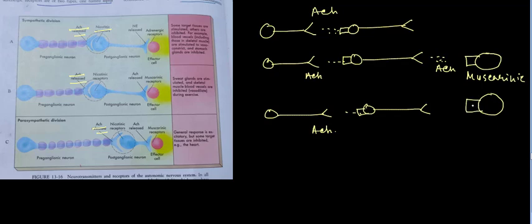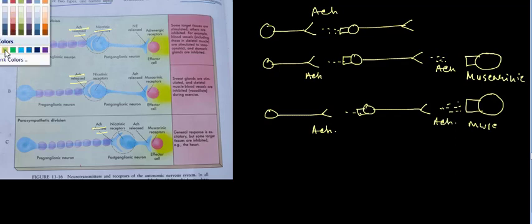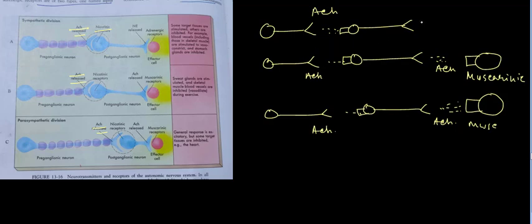So muscarinic receptors are present in the effector organ, and the acetylcholine binds with this muscarinic receptor. Okay, and the few postganglionic neurons in the sympathetic division release norepinephrine, and this norepinephrine binds with the adrenergic receptor in some effector organs of the sympathetic division.